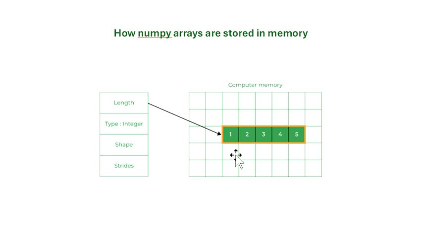Like if the location of the first element is 1000, the second one will be plus 4 bytes, 1004, 1008, 1012, 1016. And you will not need to store the location of the next element. You don't need to store the data type each time. That's why the NumPy arrays are easier to access the elements, to store the data and data types.